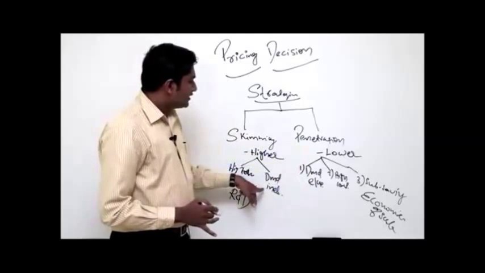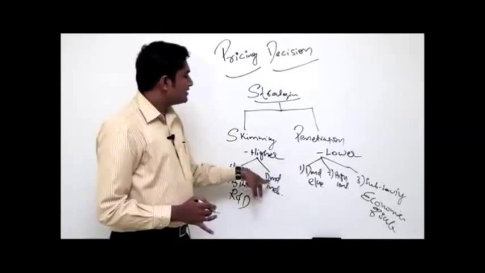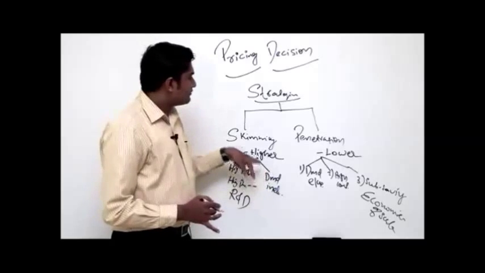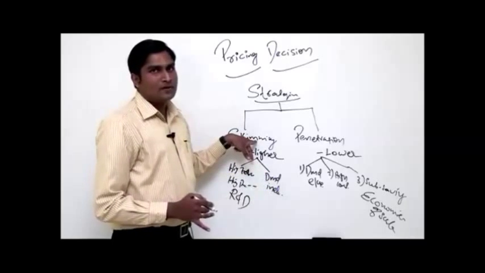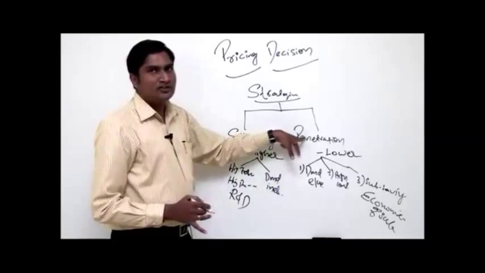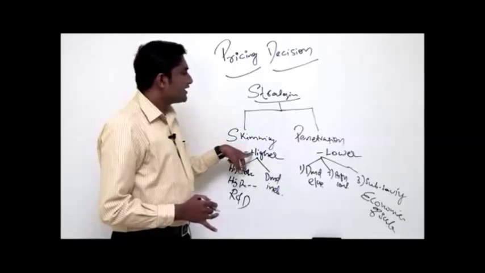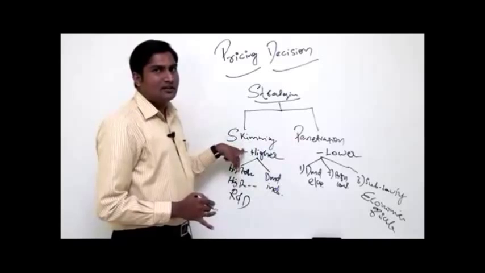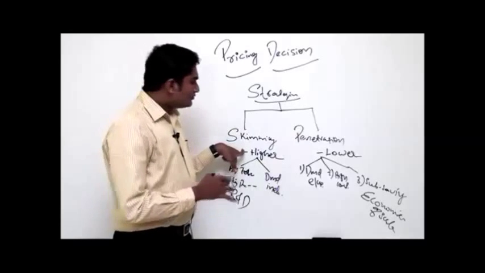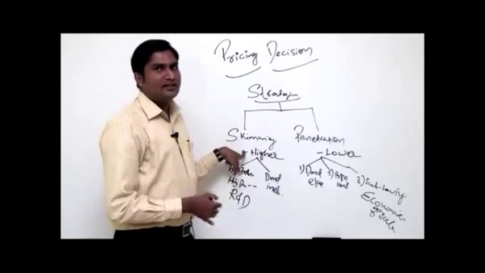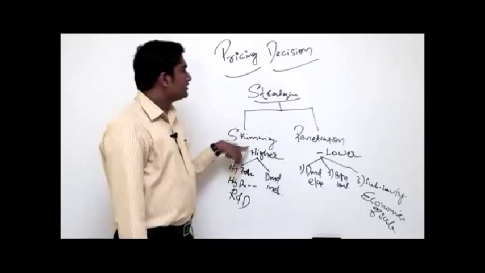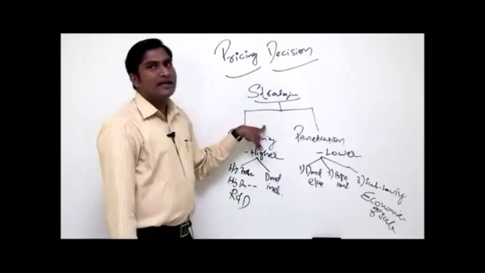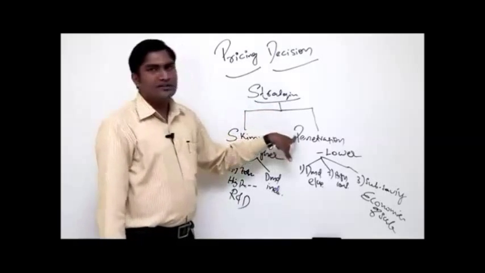But here, if the price has the least effect on demand, then the firm can go for skimming. So the firm is going to charge a higher price in the case of skimming, and during further stages of its life cycle, it is going to decrease the price.